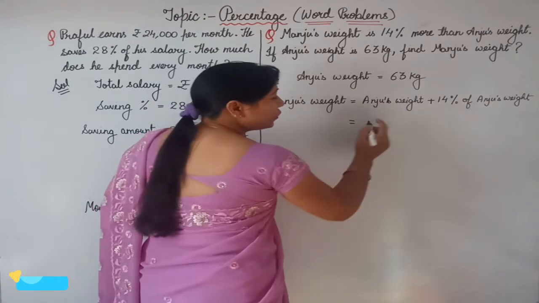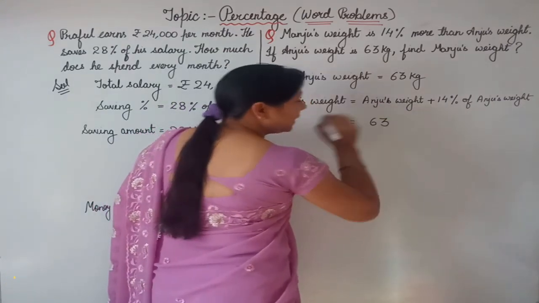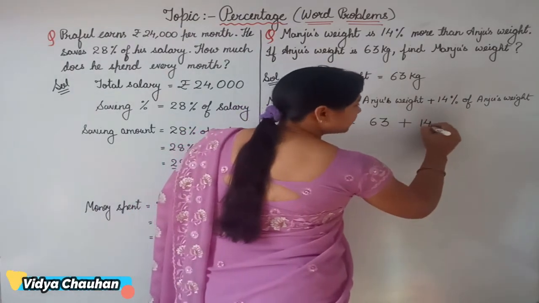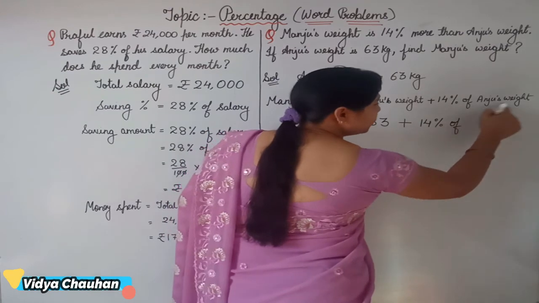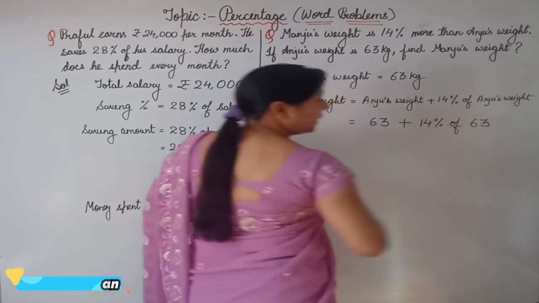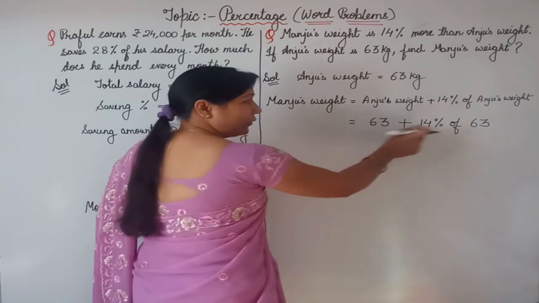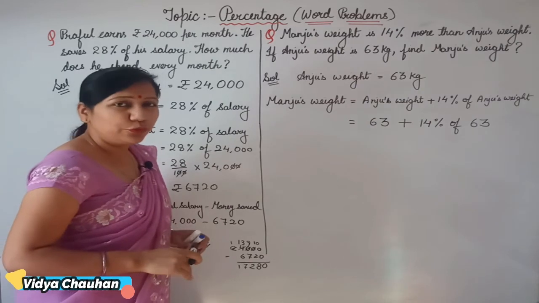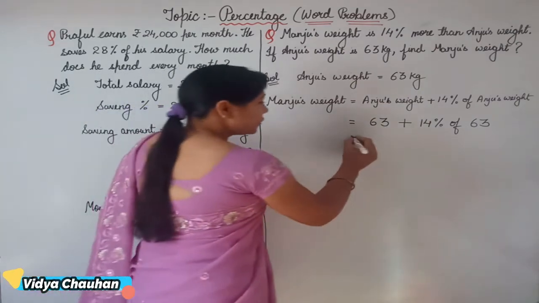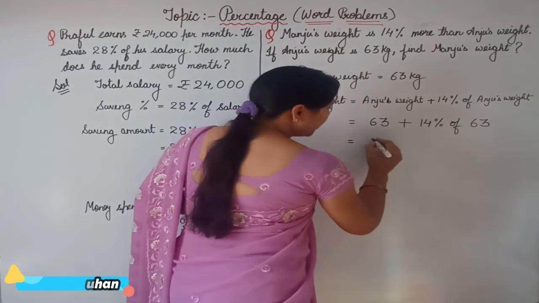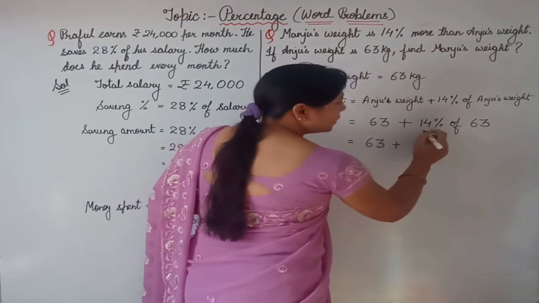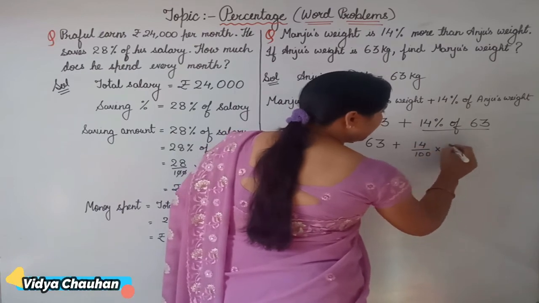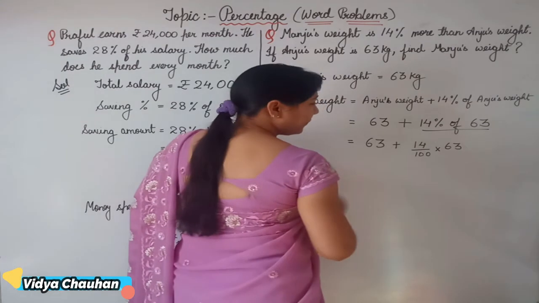What is the weight of Anju here? Anju's weight is 63 kg. Then plus 14% of Anju's weight, which means 63. So 63 plus 14% of 63 will give us Manju's weight. So let's solve the equation now. So 63 plus 14 upon 100 multiplied by 63.